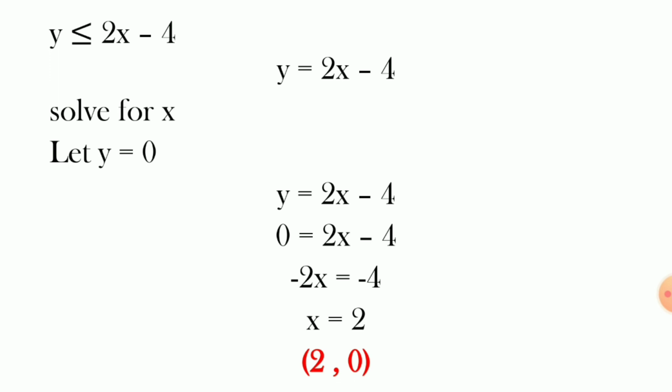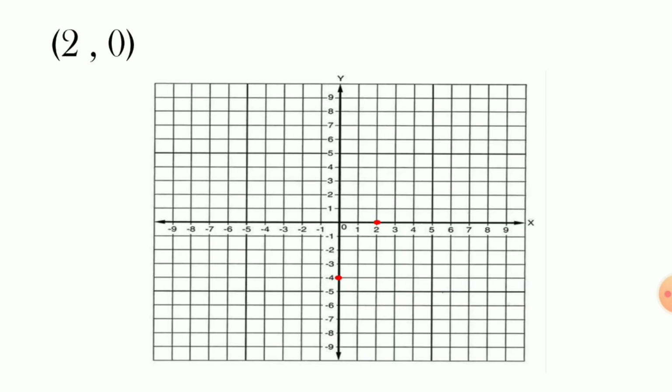Then locate the point of the ordered pair on the Cartesian plane. So the ordered pair 2 and 0 is located on the x-axis. So we already have the 2 points. Now it's time for us to connect these 2 points.